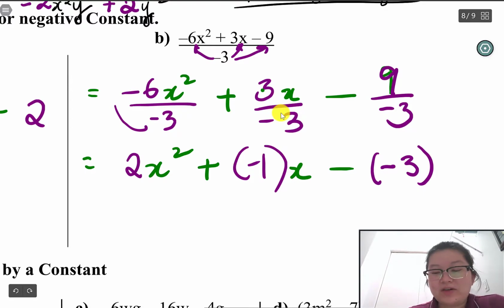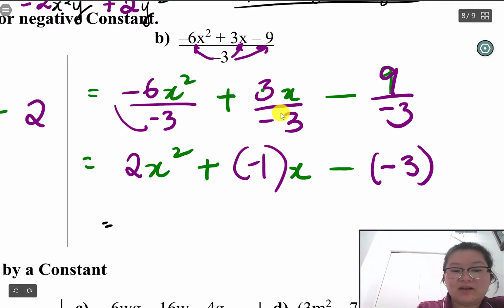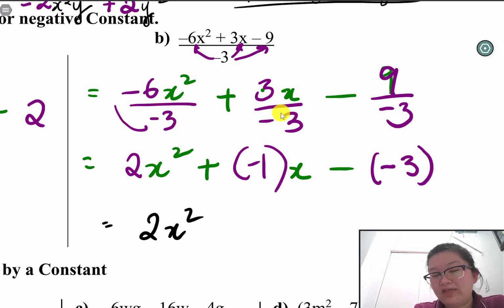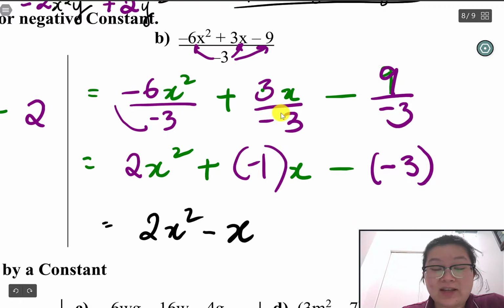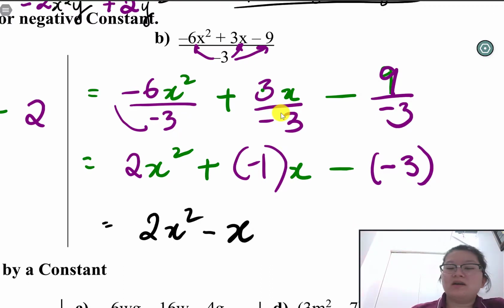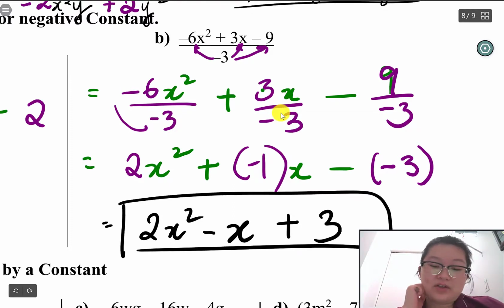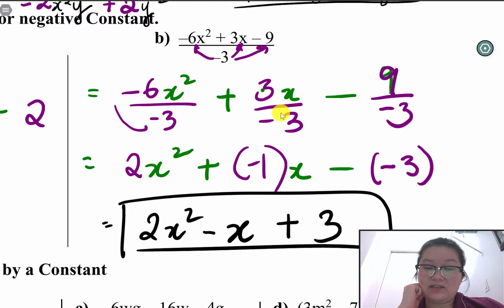And now we just have to make sure we dissolve all the brackets, treat the negative signs properly, and then we're done. We get 2x squared plus, well, since plus negative 1 is the same as minus 1, but since it's just a 1 in front of my variable, I don't need to write the 1 at all. It's redundant. And minus a negative 3 is the same as adding 3. So here we go: 2x squared minus x plus 3.